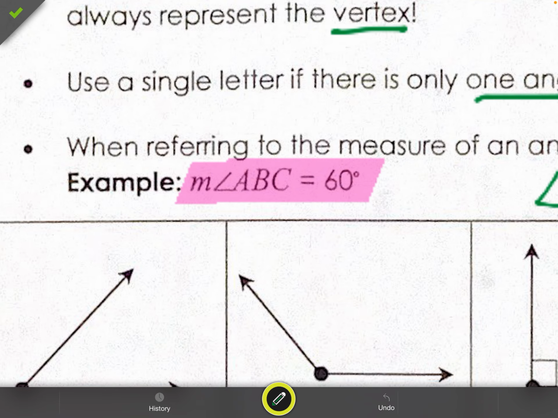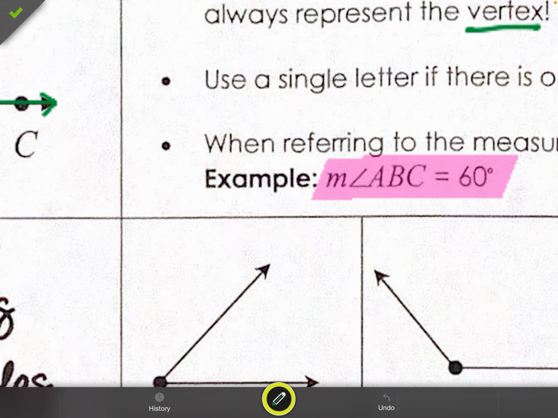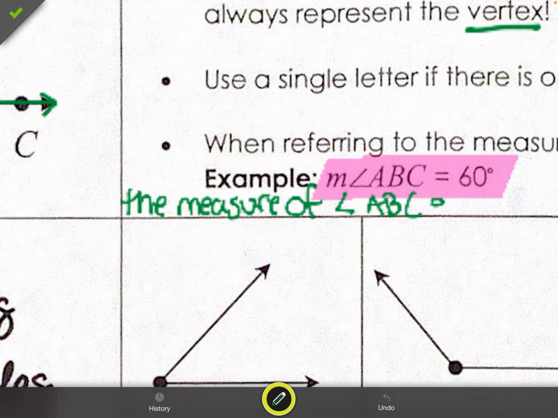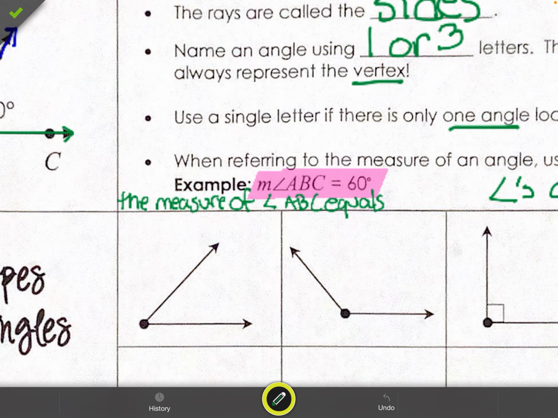That's the measure of, just so we can read this correctly, that's what that little m stands for. Angle ABC equals 60, and that little circle above 60 means degrees. So that's how you would read that. The measure of angle ABC equals 60 degrees.